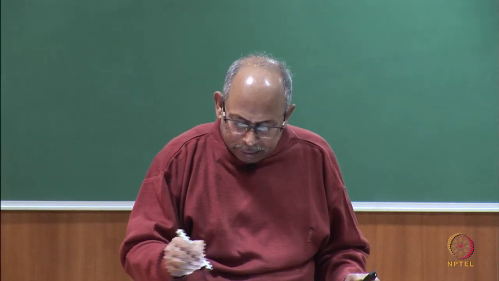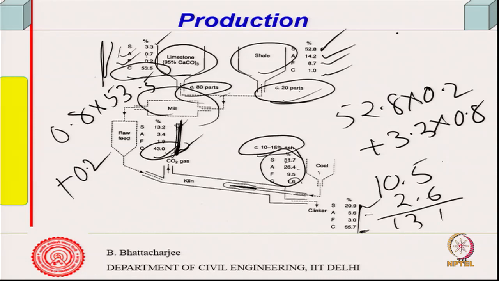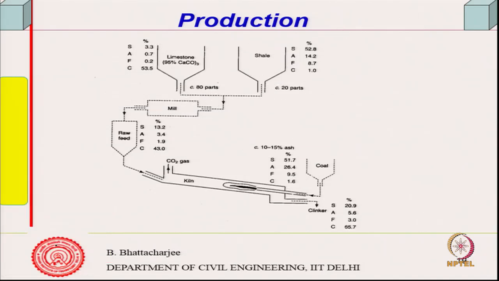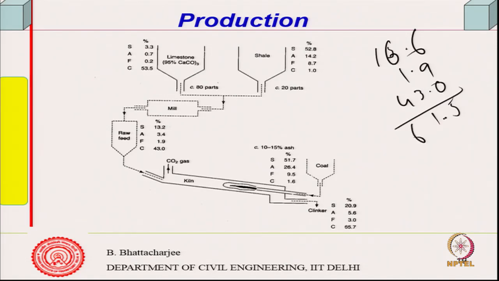This sum total, how much is it? 13.2 plus 3.4 is 16.6 plus this is 1 point 16.6 plus 1.9 plus 43 point, right, 61.5.